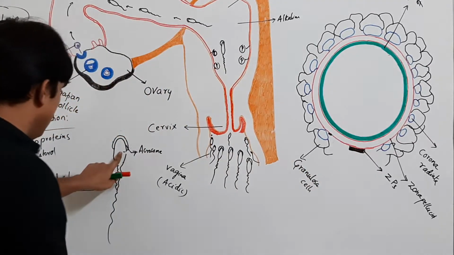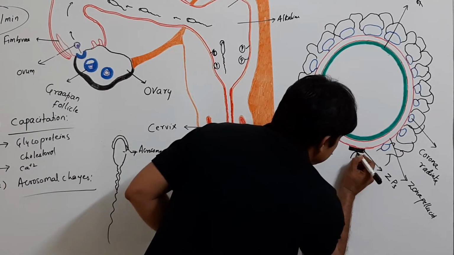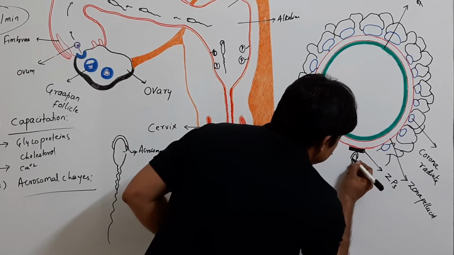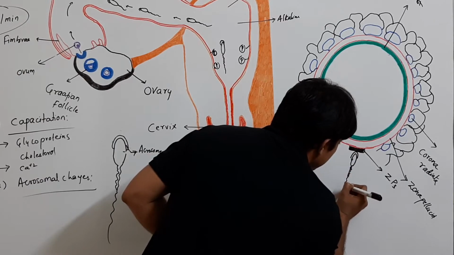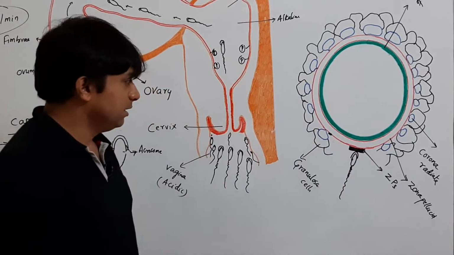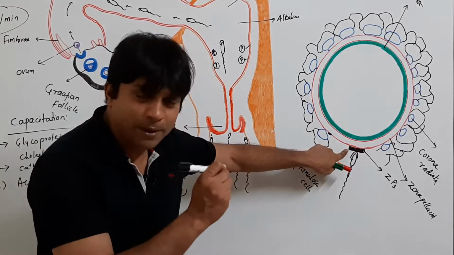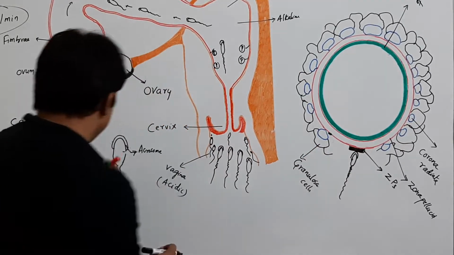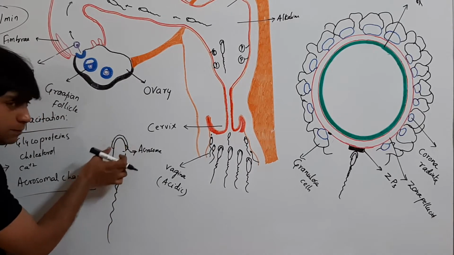Once the sperm reaches the ZP3 receptors on the zona pellucida, remember the acrosome of the sperm has a double membrane.